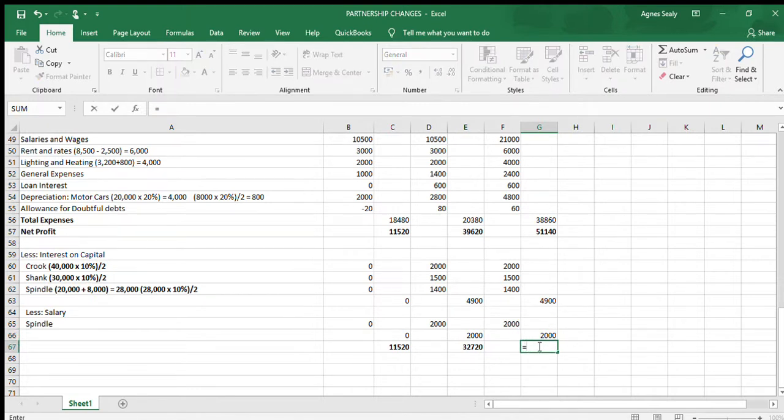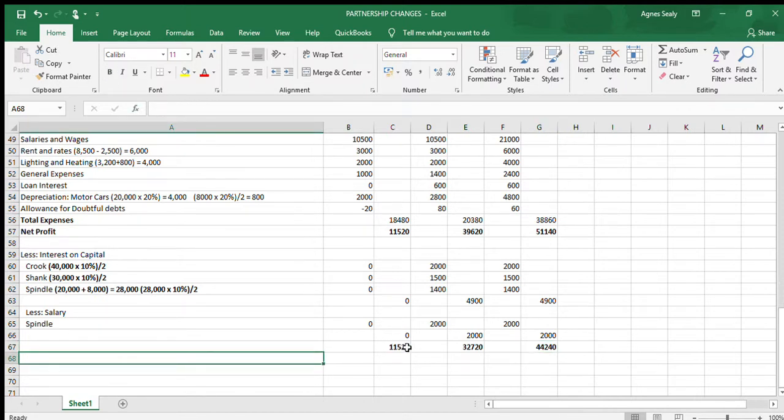Which gives total profits to be shared for the year of $44,240.